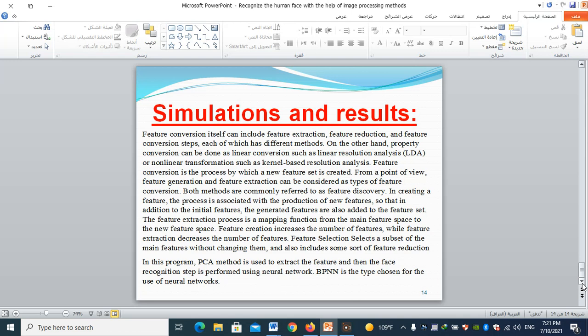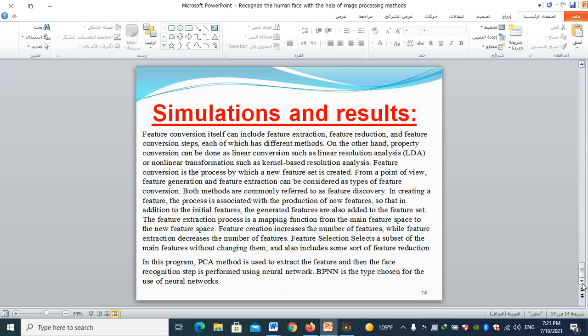Feature generation is the process by which a new feature set is created. Feature generation and feature extraction can be considered as a type of feature construction. Both methods are commonly referred to as feature discovery.